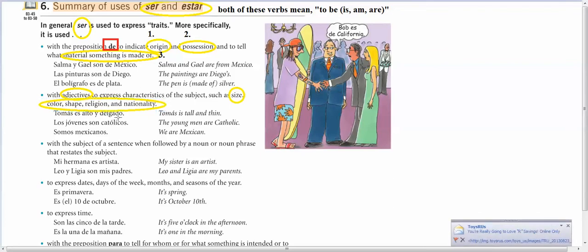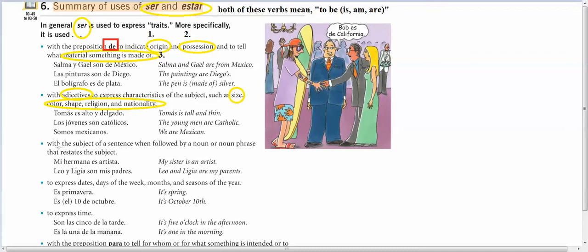And here are examples of that. Tomás es alto y delgado. Tomás is tall and thin. So that would be his size and his shape. Los jóvenes son católicos. That would be their religion. And somos mexicanos. That's our nationality.